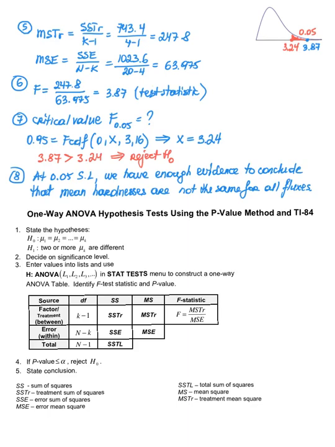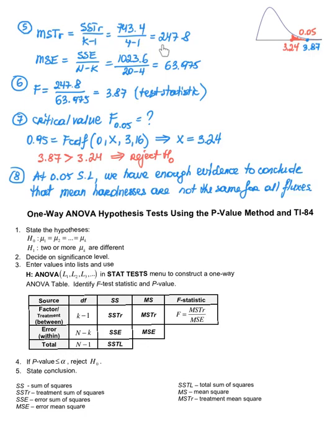Our next step is to use SSTR and SSE we just found to compute the mean square for treatment and mean square for error. So MSTR is equal to SSTR divided by its degrees of freedom, k-1. In our case, it is 743.4 divided by 4 minus 1.